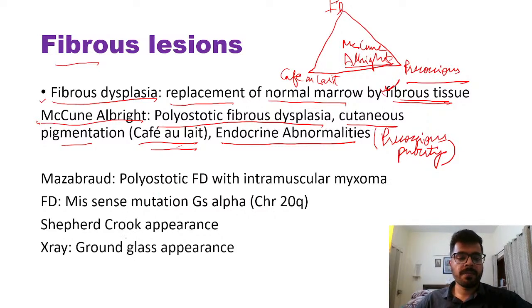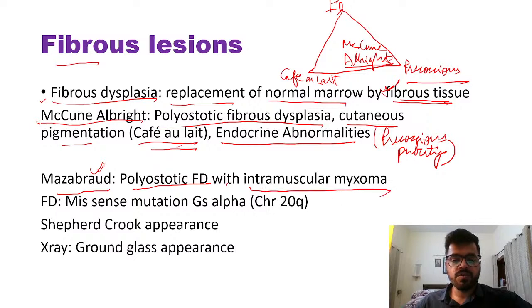There's another syndrome associated with polyostotic fibrous dysplasia, called Mazabraud syndrome, which also has intramuscular myxomas. So polyostotic fibrous dysplasia with intramuscular myxomas is Mazabraud syndrome.